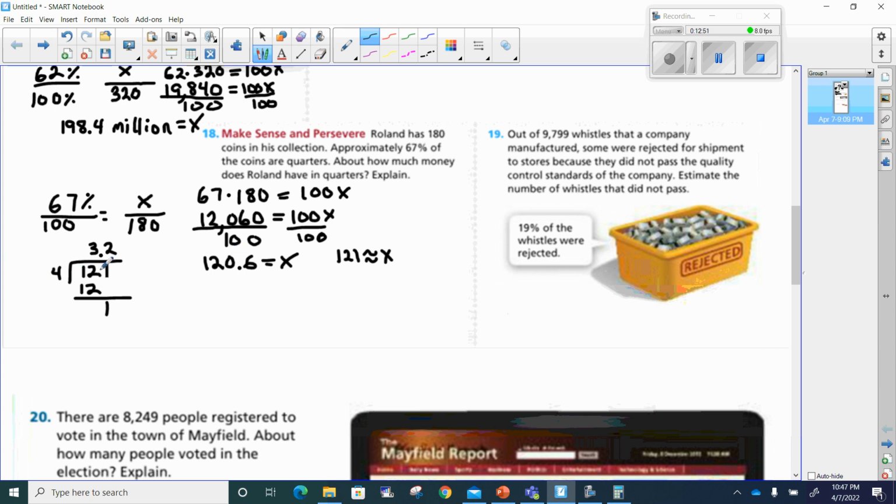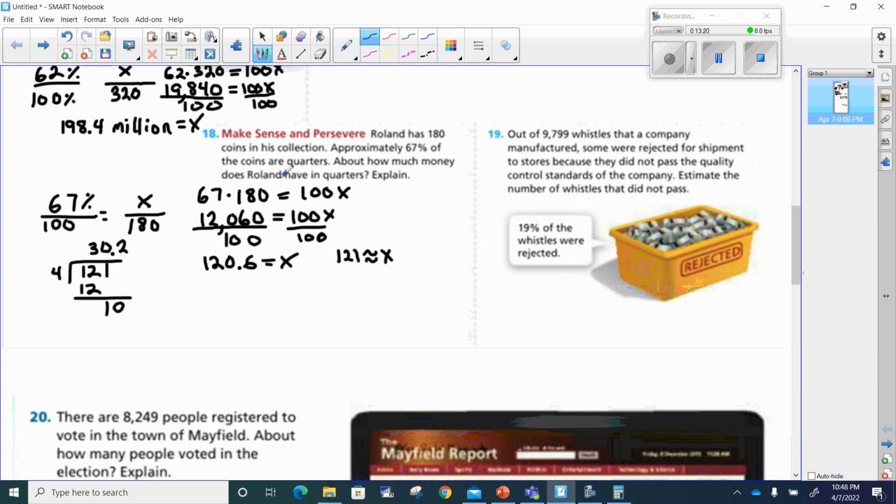Oh no, if the 3 is there, we have to put a 0 there. Let me not forget that. That didn't make much sense to me for a second there. So that's going to be about 0 here because it doesn't go into 1. You have to put 1 here, and that'll be 0.2. So in actuality, it's more like about 30. So about $30. Okay.